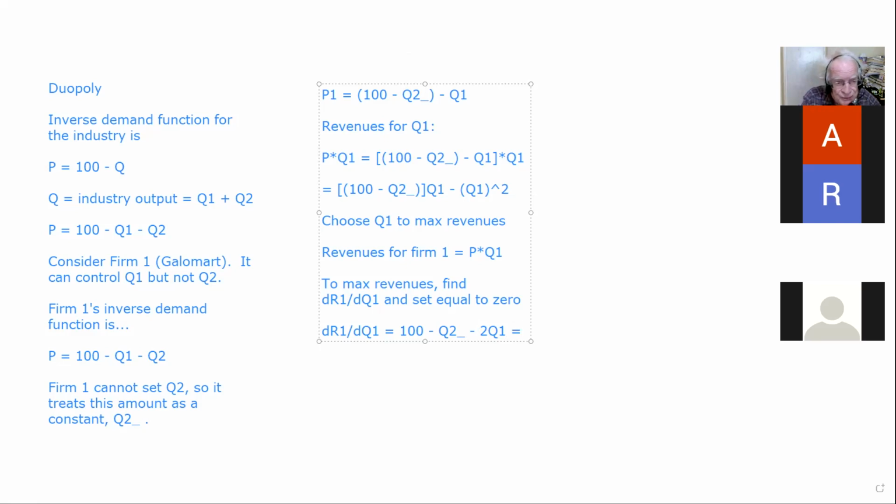And then to maximize revenues, our first order condition is to set that derivative equal to 0. The marginal revenue is the derivative of total revenues.